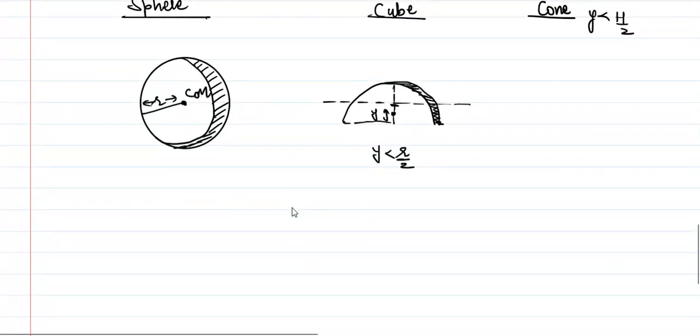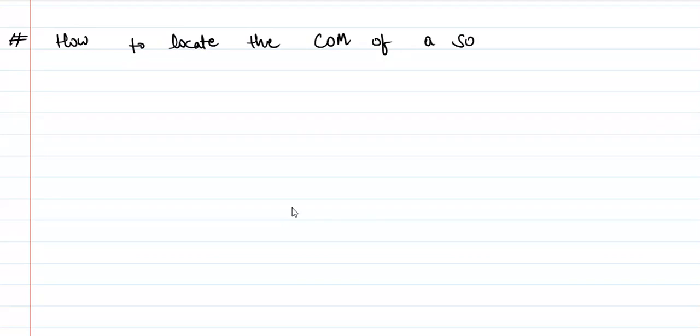Now we will see how to locate the center of mass of a system of particles.